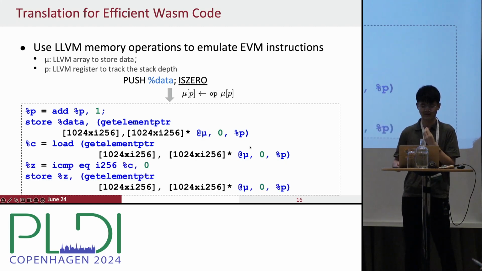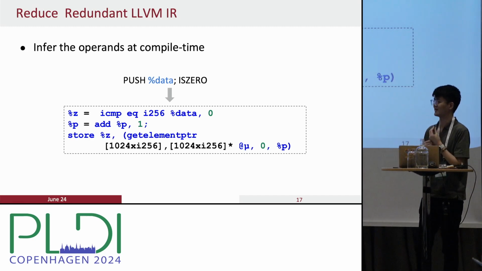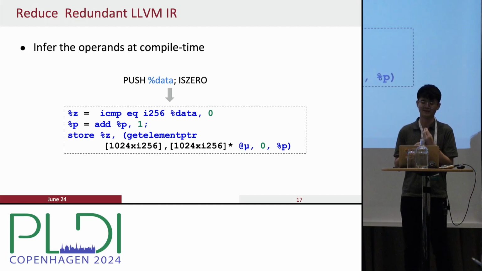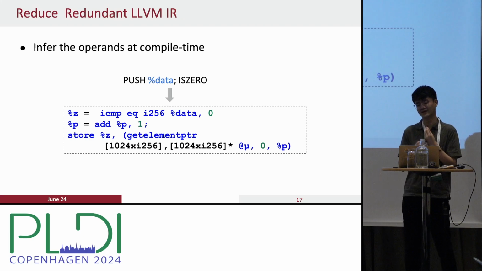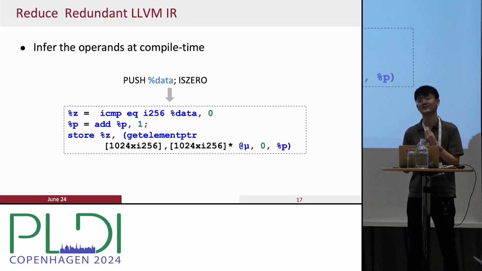Then we use the LLVM instruction to compare the data and store the result back to the stack, which is the mule P. And obviously, we can infer the operands at compile time, so that we don't have to access too much memory. It's a little bit like memory to register.